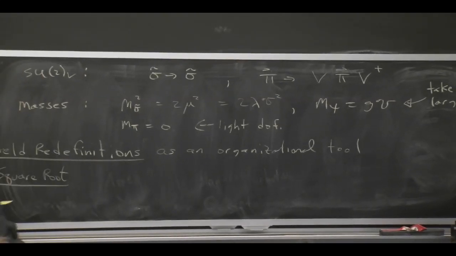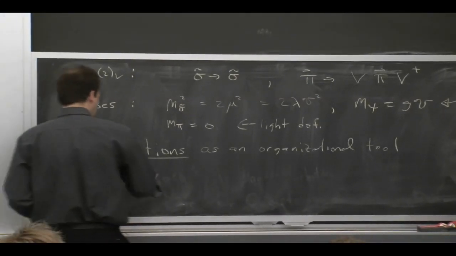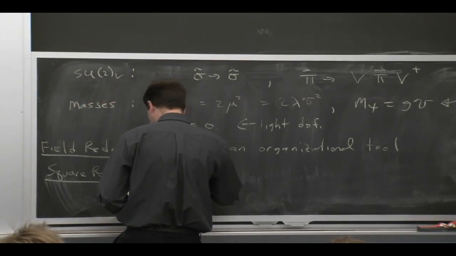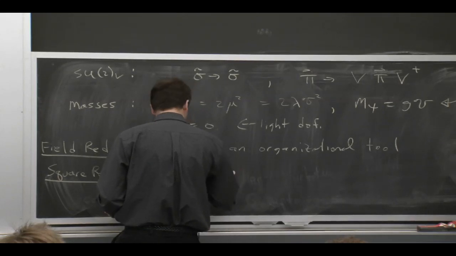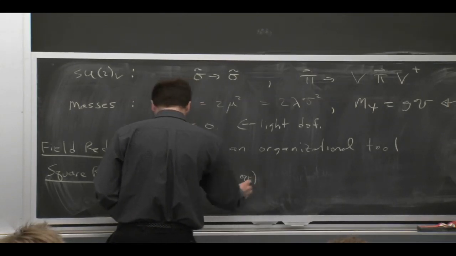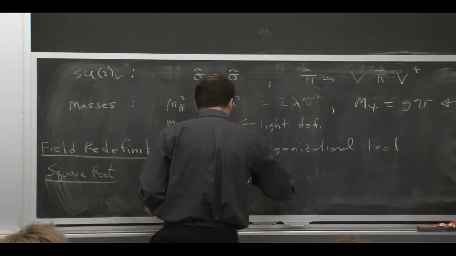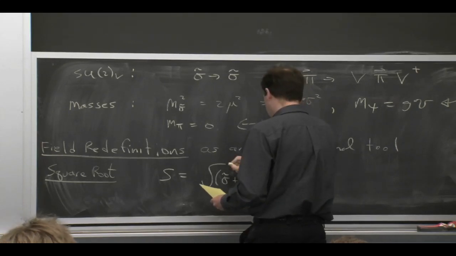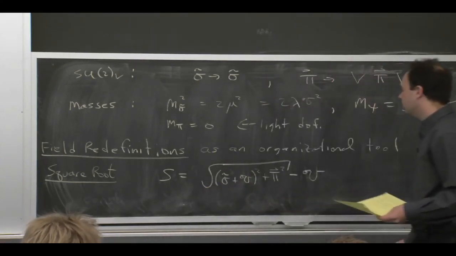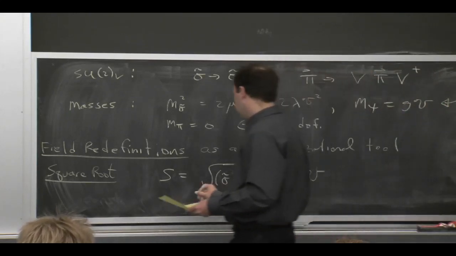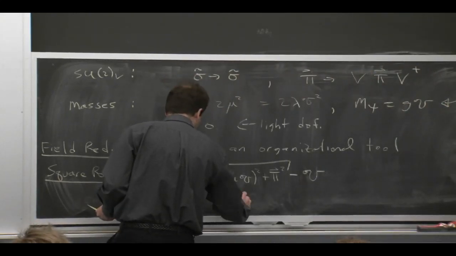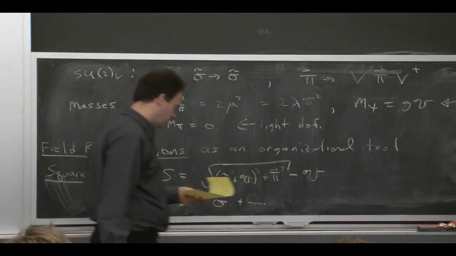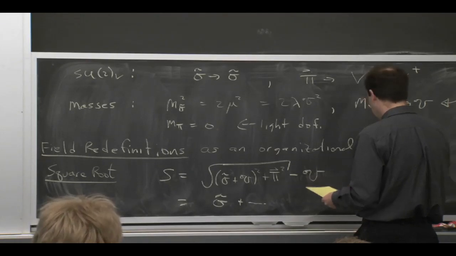So there's something called the square root representation. So I just make a field redefinition like that, which involves a square root. And if I expand it, it starts as sigma twiddle, and then it goes a bunch of other terms. So it's certainly within the realm of the things that are allowed by our field redefinition theorem.